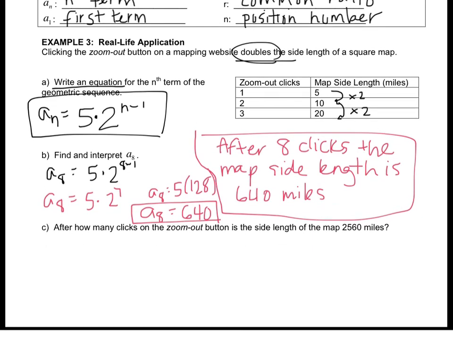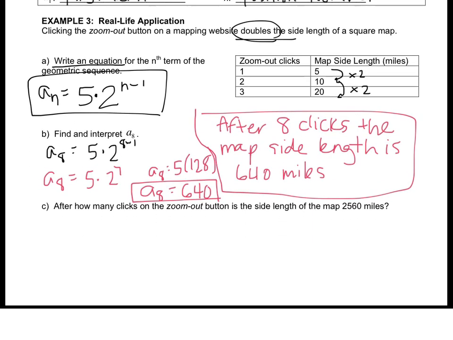After how many clicks on the zoom out button is the side length 2,560 miles? So now they're giving me the value that would go in this A spot, or A sub n. So instead of A n, I'll write 2,560. And now I have to solve for n. So divide by 5.